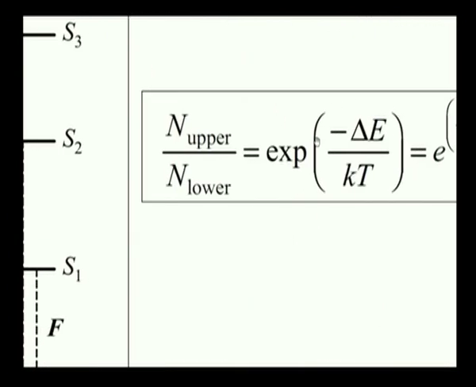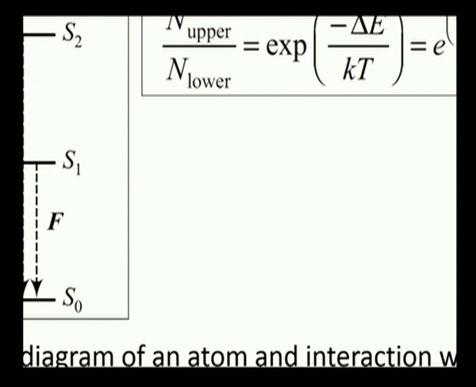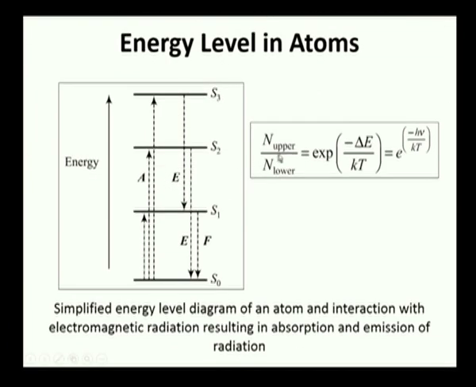Now the relative population of electrons in these energy levels is given by the equation n upper by n lower is equal to exponential of minus delta E by kT. Let me repeat this.